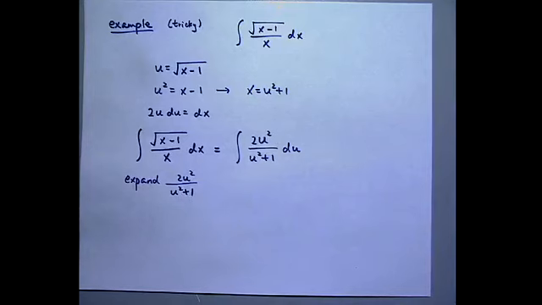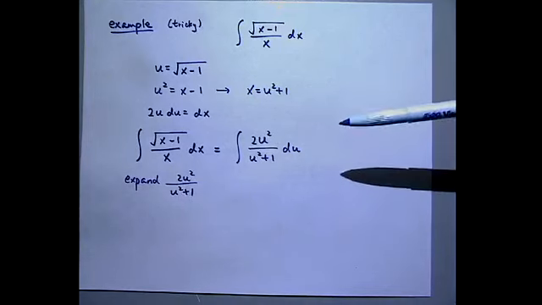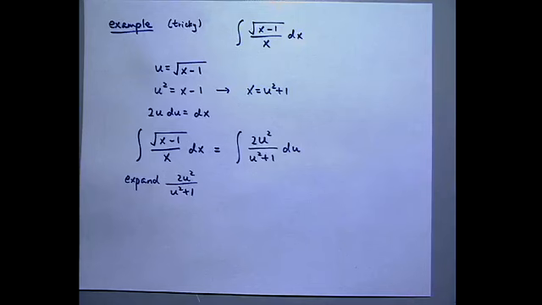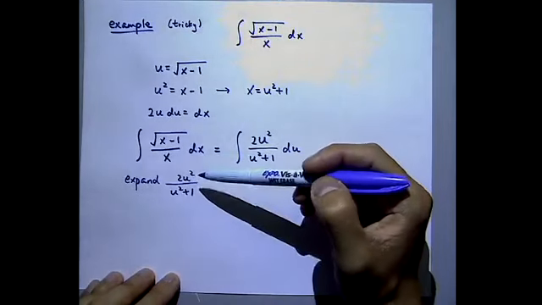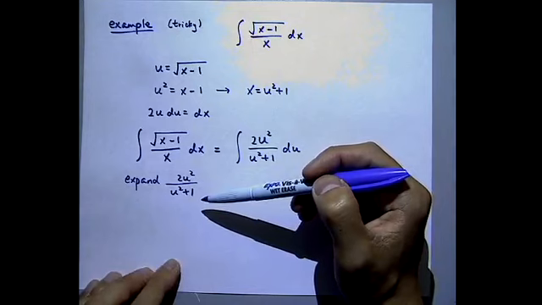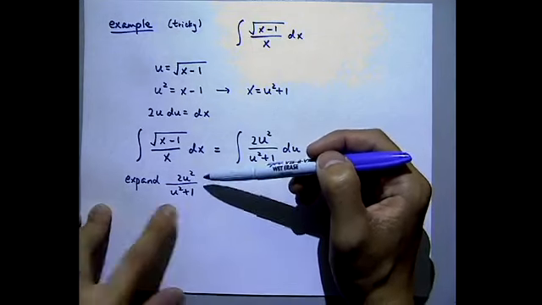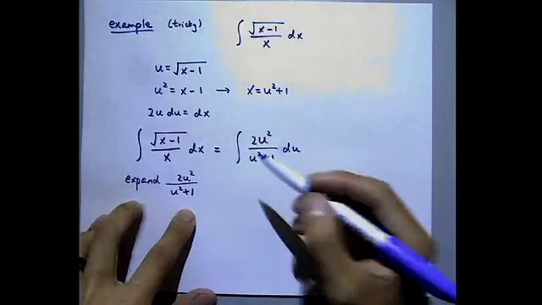Then we go ahead and do a partial fraction expansion for 2u squared over u squared plus 1. What must happen before we do that? Remember, the numerator has to have lower power than the denominator. In this case, the powers are equal, right?